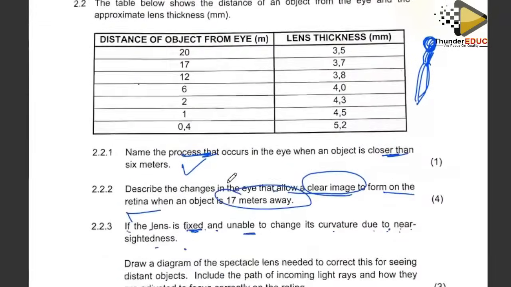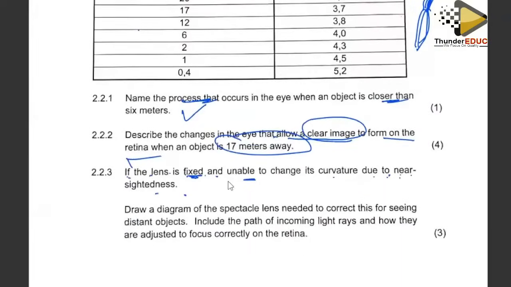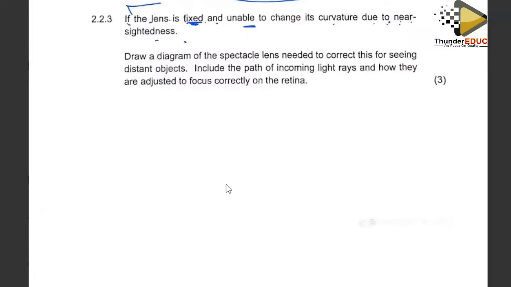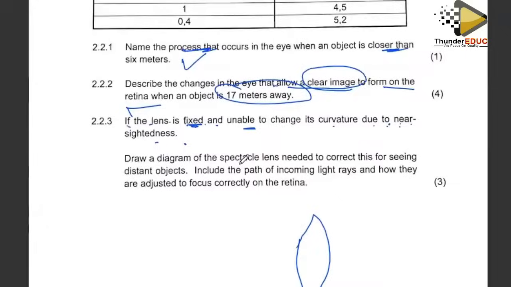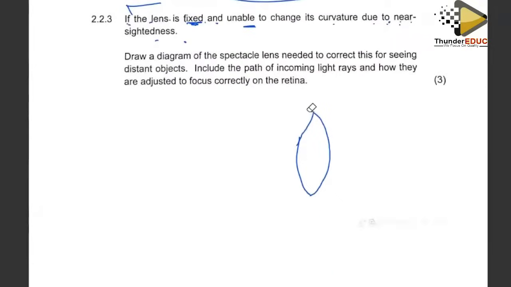So when you look at it, here it was 17 meters. So it means that the lens is going to be like this. You understand? But they're saying that it is thin. Did I draw it as thin? Let me just redraw it so that it doesn't look fat.